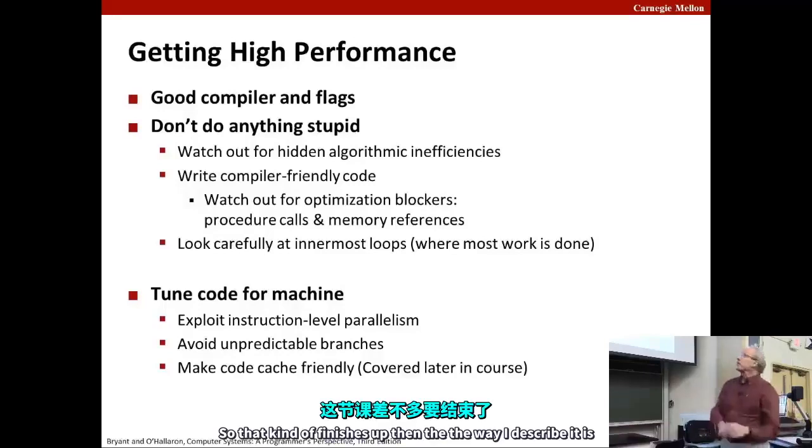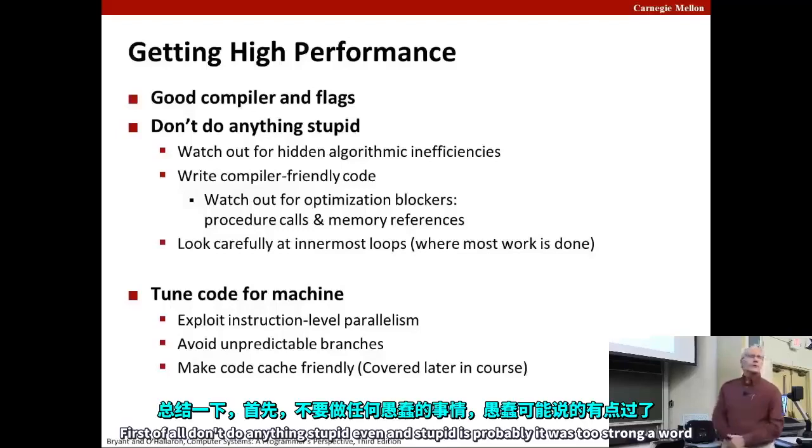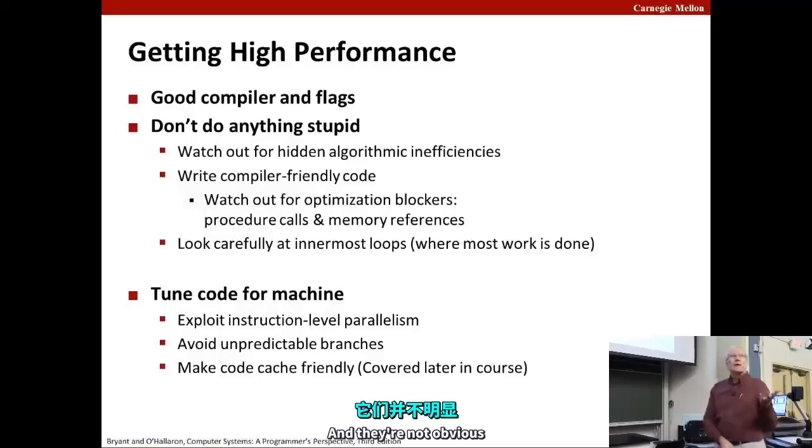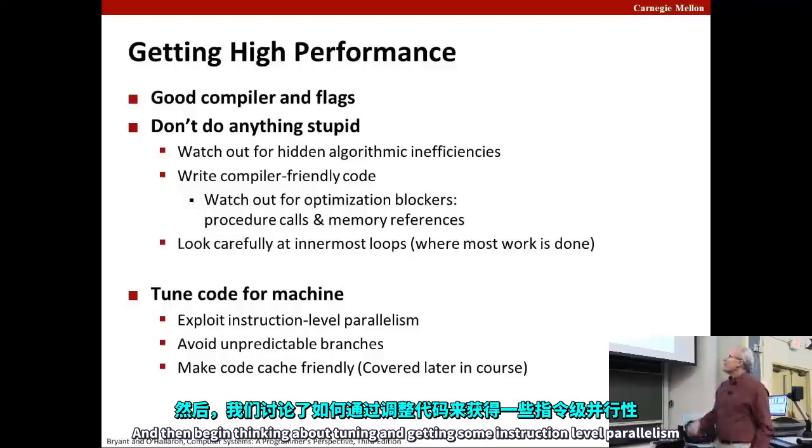So that kind of finishes up then the way I describe it is, first of all, don't do anything stupid. And stupid is probably too strong a word. Keep in mind there's certain things that you should as a programmer be doing all the time. And they're not obvious, perhaps. And then begin thinking about tuning and getting some of the instruction level parallelism.